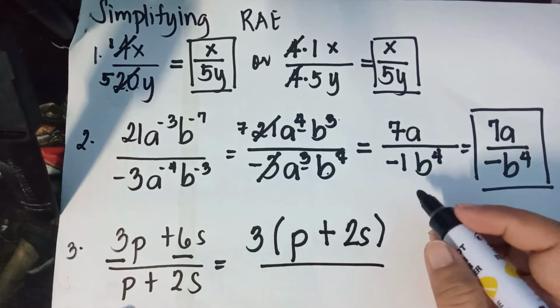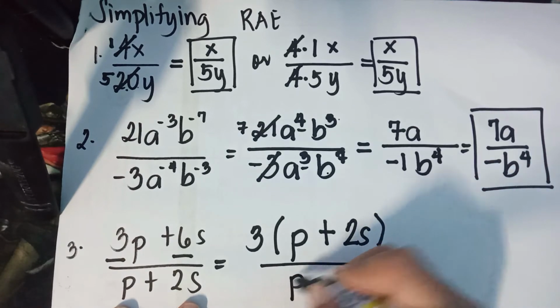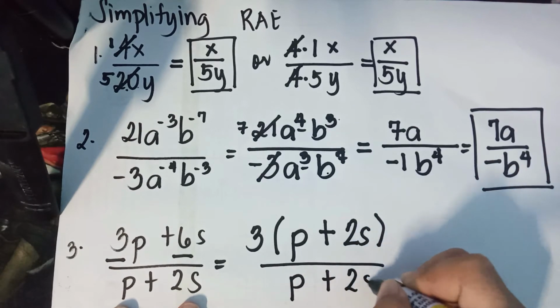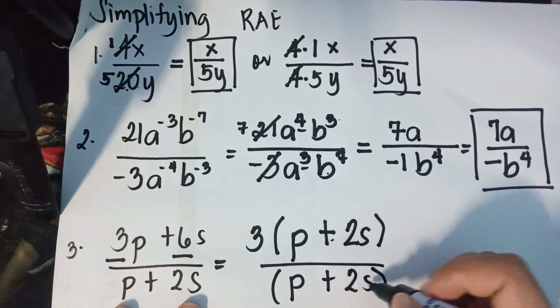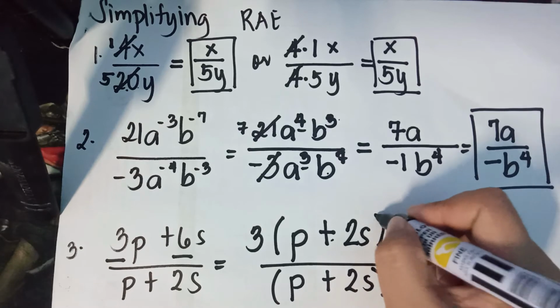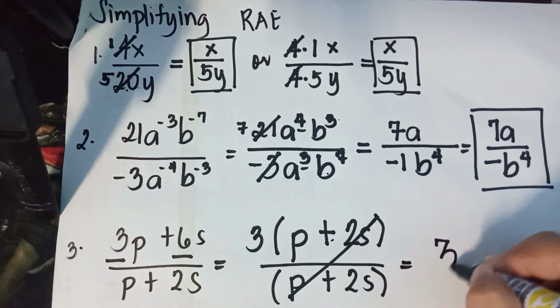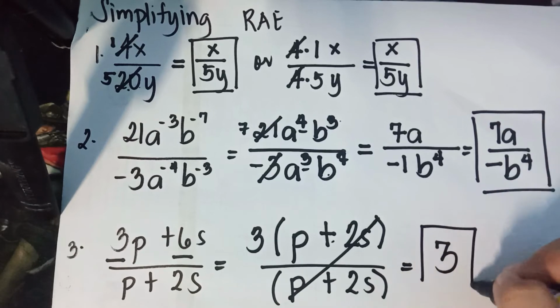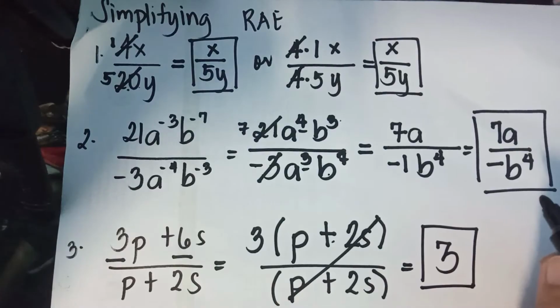Next, since there is no common factor between p and 2s, all you need to do is copy. Since p plus 2s and p plus 2s are binomials and they are the same, we can cancel out. Then our final answer is 3. That is how to simplify rational algebraic expressions.